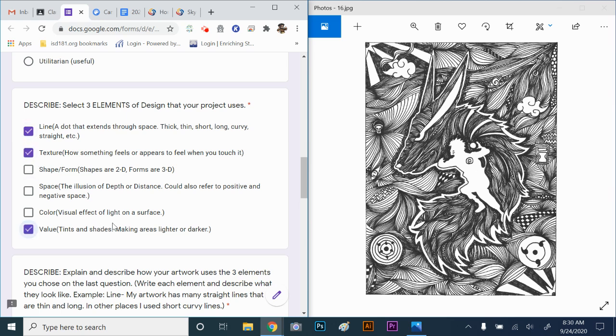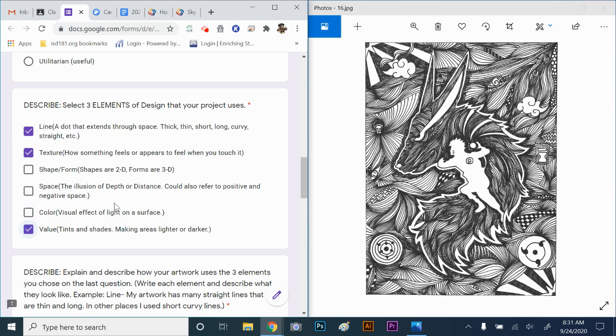Okay. This one, if it's completely black and white, you do not want to pick color. Technically, we'll get into this more later, but black and white technically aren't colors. Black and white are basically like pure tints and shades. We call them colors a lot, and even I do it too. But technically, when we're talking about color, it's got to have an actual hue to it. It's got to be something from the color wheel, and we'll talk about that later when we get to the color wheel.